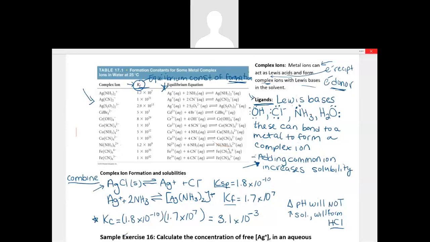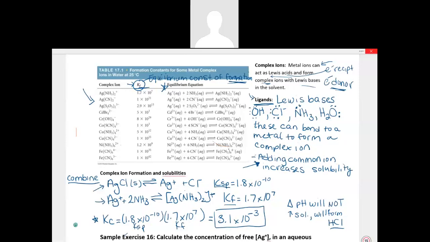So we have our dissociation first, and then our second equation gives our complex ion formation equilibrium equation. If we multiply our KSP times our KF here, we'll get this new K value of 3.1 times 10 to the negative 3.